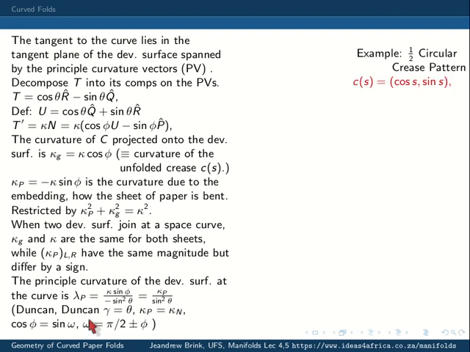Okay, so now let's use the information we've gotten to see how far we can go with our circular crease pattern and see what else we have to fix. So far all I've told you is that basically the normal vector B bisects the two surfaces. Let's see what that means and how we actually do the calculation.